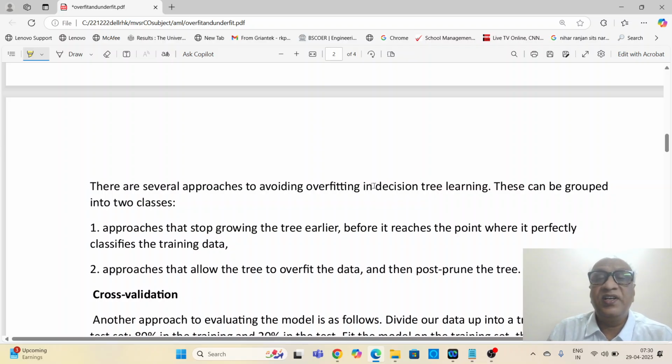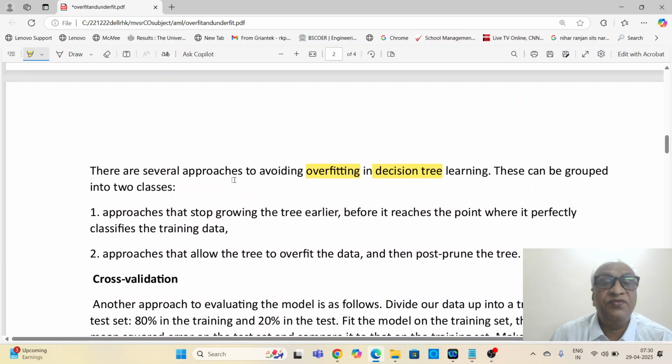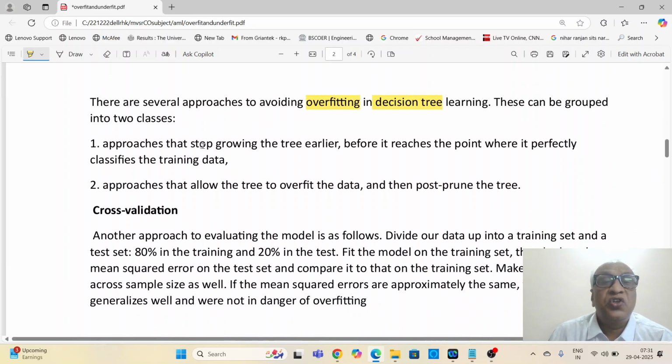As mentioned earlier, a decision tree is a non-parametric, non-linear machine learning algorithm, so it has an overfitting problem. But there are techniques to avoid overfitting in decision trees. One approach is to stop growing the tree earlier, before it reaches the point where it perfectly classifies the training data. The second approach is to allow the tree to overfit the data, then post-prune the tree.